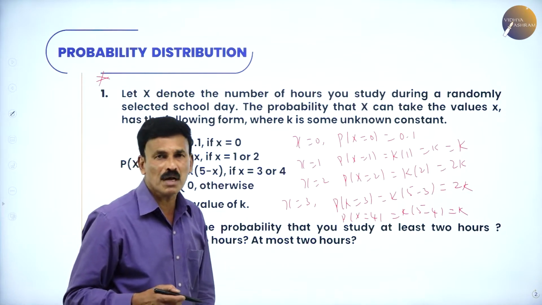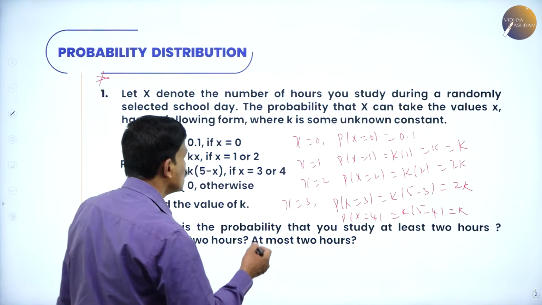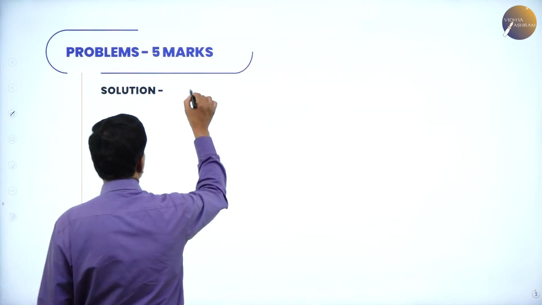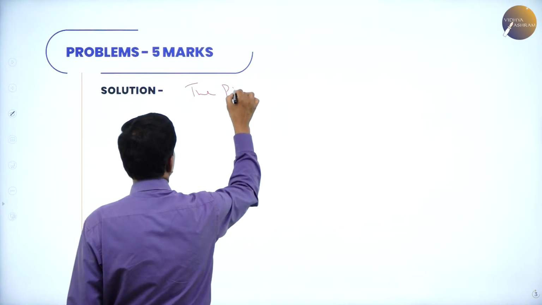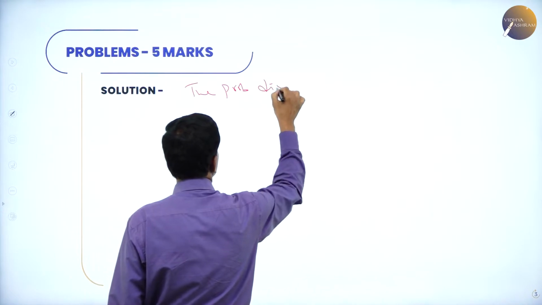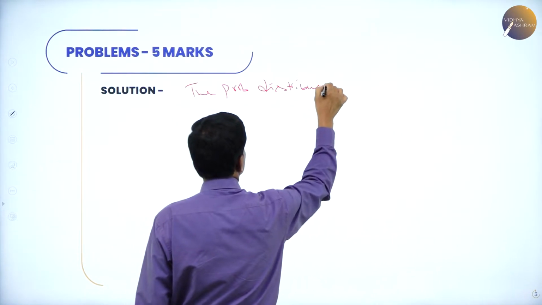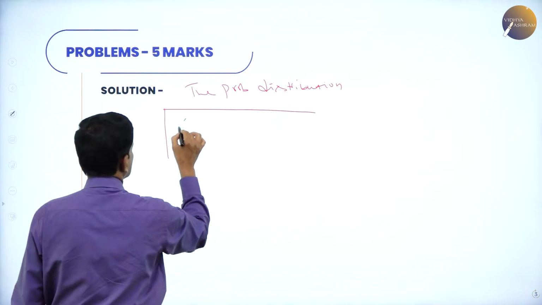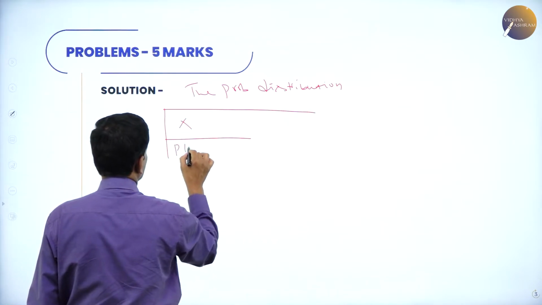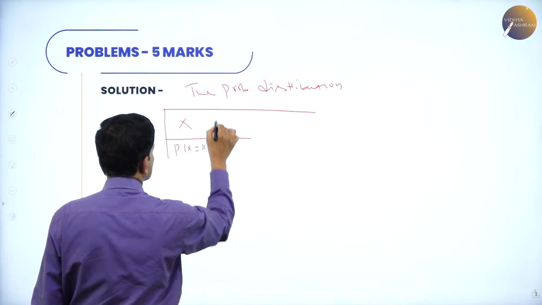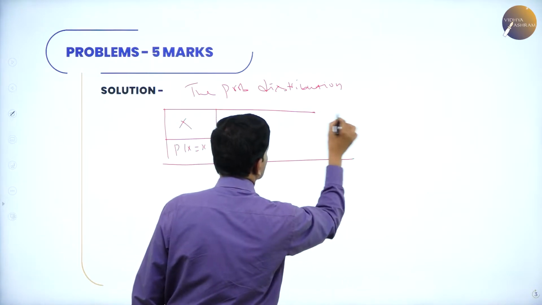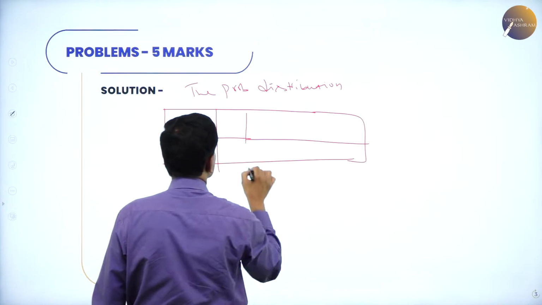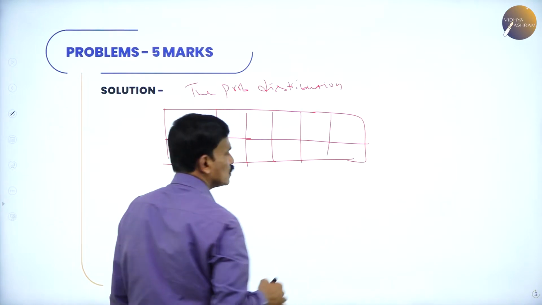Now let us write the probability distribution for this. So the probability distribution is like this. Let us write x and P of X equals x.